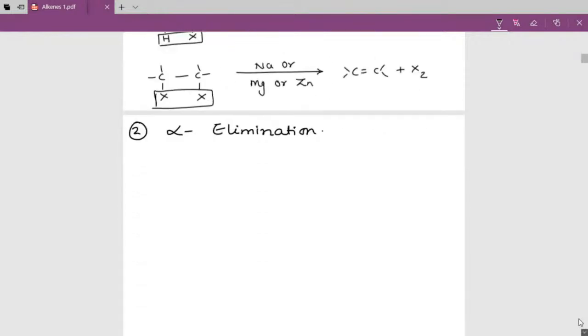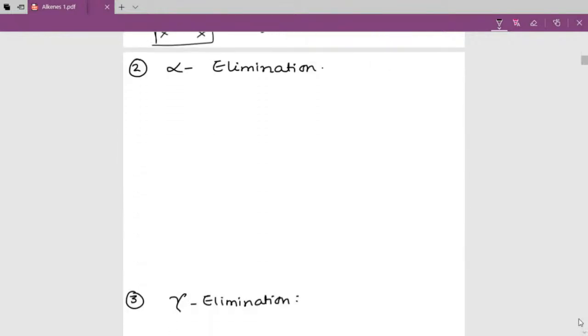Okay, now what is alpha elimination? So we have done beta elimination, and as I told, today's topic will be more concentrated on beta elimination because that is how you are introducing a pi bond, that is how we are preparing alkenes. But as we put a heading elimination, let us go through this other type. What is alpha elimination?